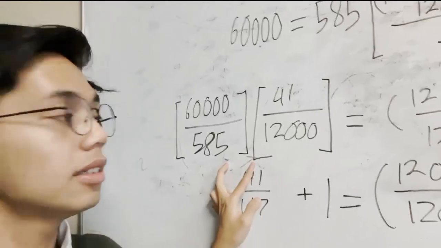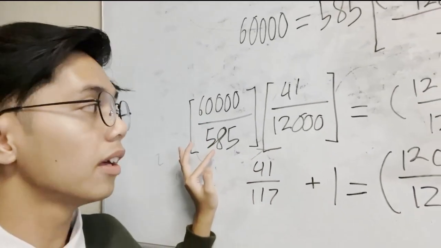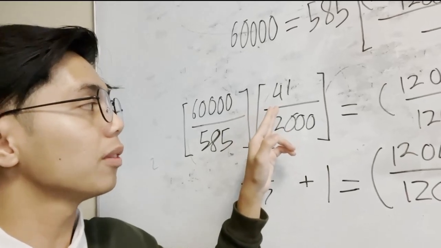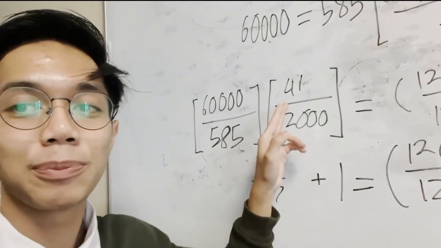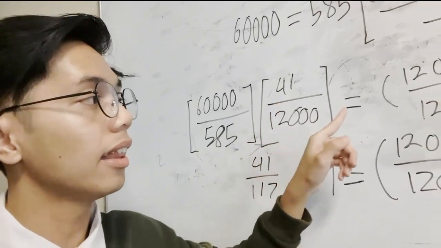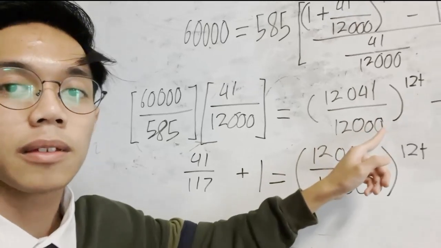So as we can see, the 60,000 will be divided by 585. After that, it will be multiplied with this 0.041 divided by 12, and this is the part that we don't need to move, as you guys can see.